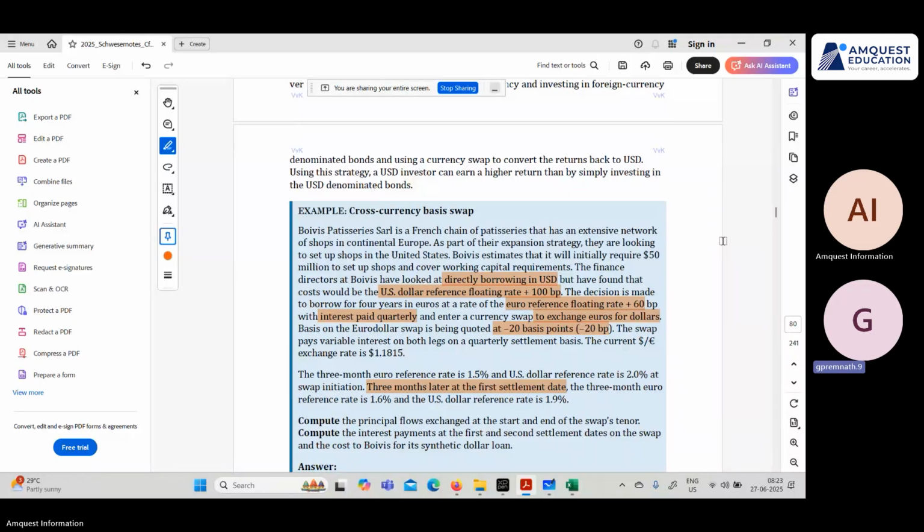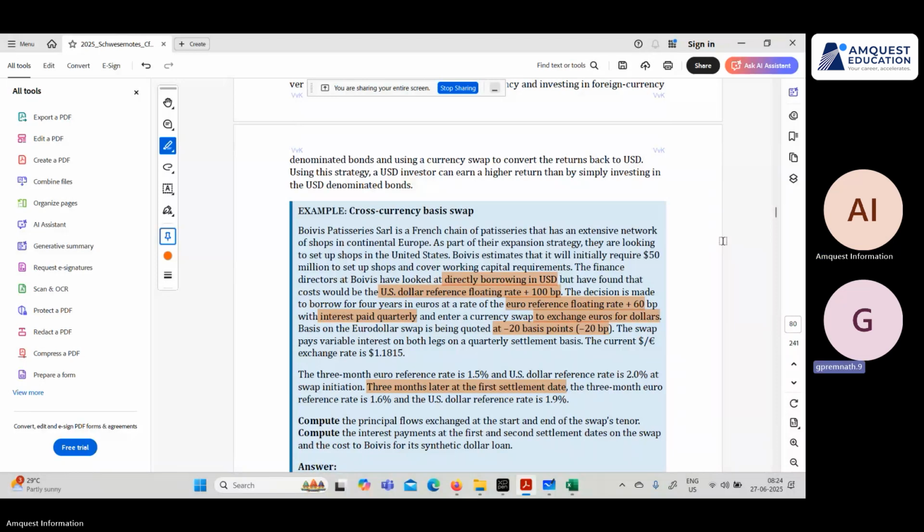I don't know why I wrote 2.1, but 2.2%. I was okay till 1.6% plus 60 bips that is being paid in euros to the bank. Okay, and what's the next thing that you said?